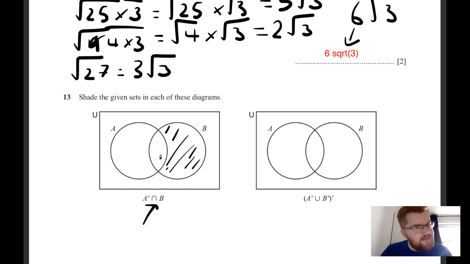And not including this because that's in A and we're not allowed to be in A. So I'll talk that through again. So not A is essentially the outside of our Venn diagram and this part of B, but the second instruction tells us to have 'and B' as well, so we ignore the outside and just include this part here.